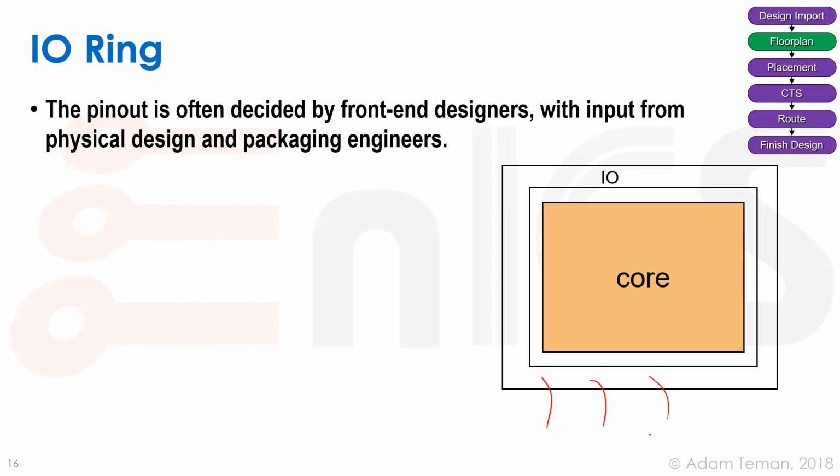Okay, so the pin out is often decided by the front-end designers. We know from whoever is making the higher level, which could be the system or whatever, that from this side we want to have our DDR pins, and from this side maybe our Ethernet comes in or something like that, and that's why we'd put our different I/O pads in certain places.